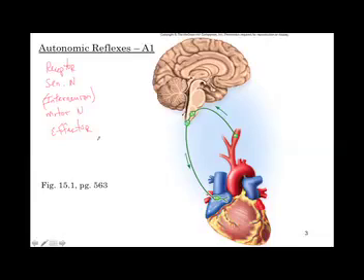Now the effector in a somatic reflex arc was what? I just mentioned it. The effector: skeletal muscle.